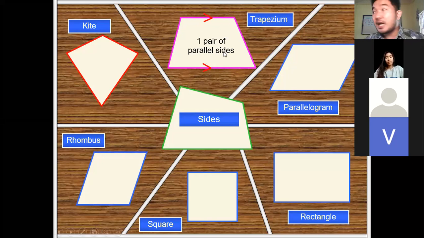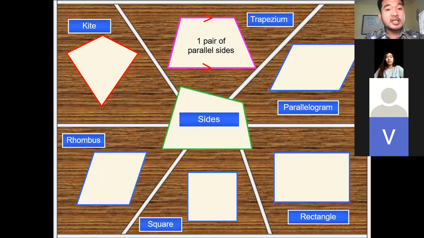So ibig sabihin pala kapag merong may isang pares ng parallel side, ang isang quadrilateral, ang tawag sa kanya ay trapezium. Okay, trapezium ang tawag sa kanya. Kaya tandaan yon, ano, kapag trapezium, isang pares lang ng parallel side ang mayroon siya.